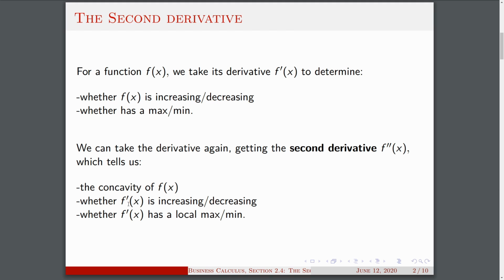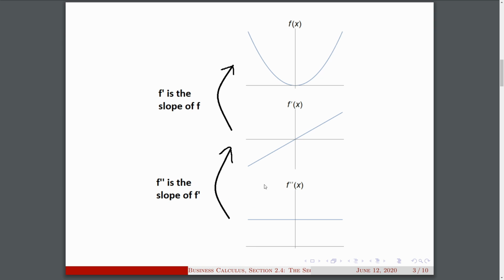Directly, it tells us whether the function f prime is increasing or decreasing, or has any local maxes and mins. All right, these all line up on a graph, and so let's get some practice reading what we can learn about the functions from the graphs and their derivatives.